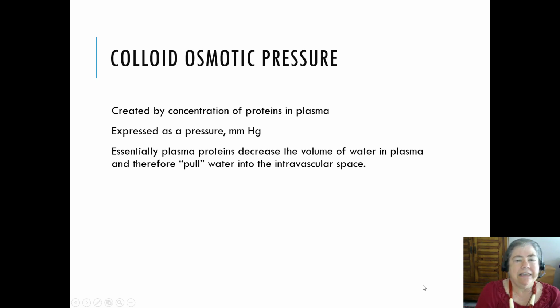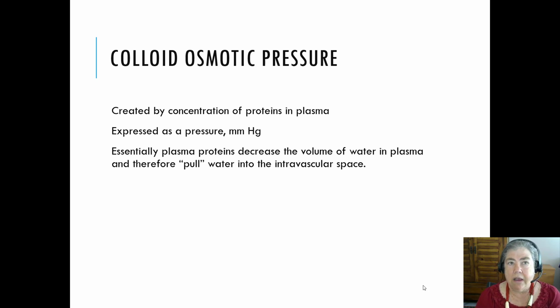Now, there's an additional component to plasma that I mentioned, which is the proteins in the plasma, and these include albumin, which is the most common protein, and then a number of proteins that are involved in the clotting of blood, so clotting proteins, and also the regulation of clotting, so they're kind of anti-clotting proteins.